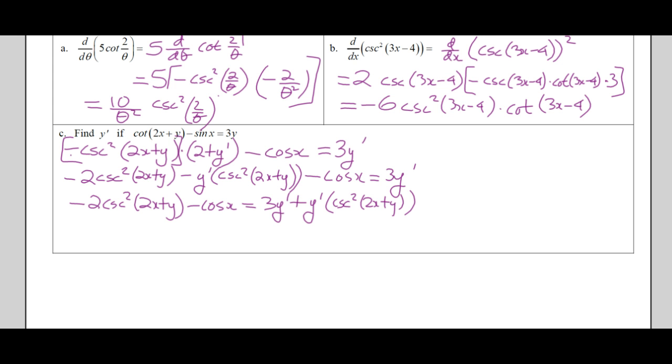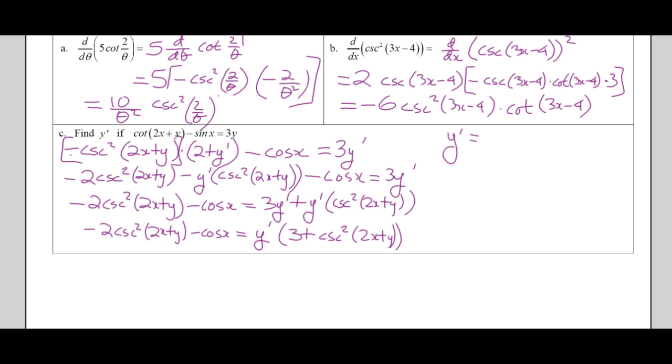So we're going to factor out the y prime: minus 2 cosecant squared of 2x plus y, minus cosine of x, is equal to y prime times 3 plus cosecant squared of 2x plus y. So y prime is equal to what I've got on the left divided by this set of brackets here.